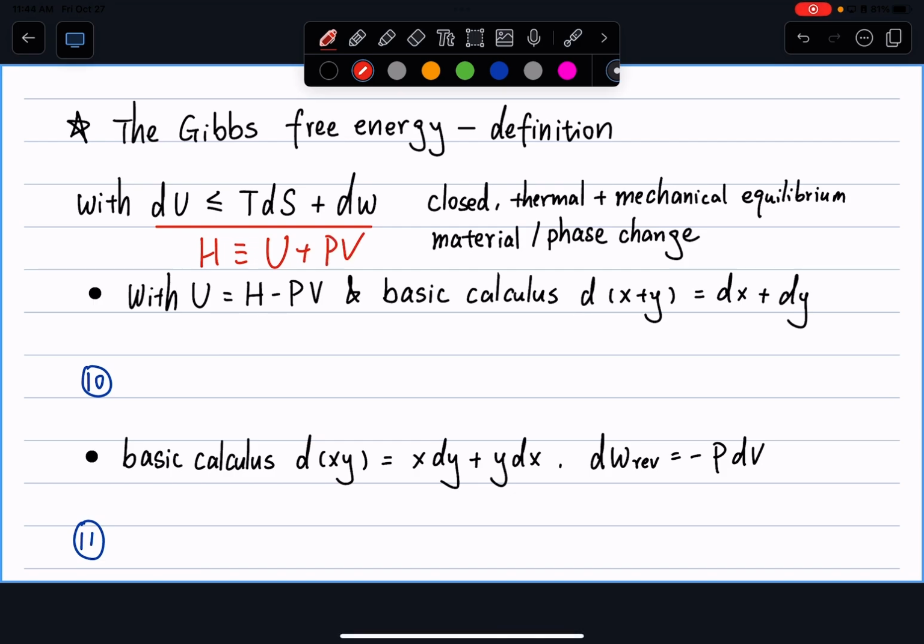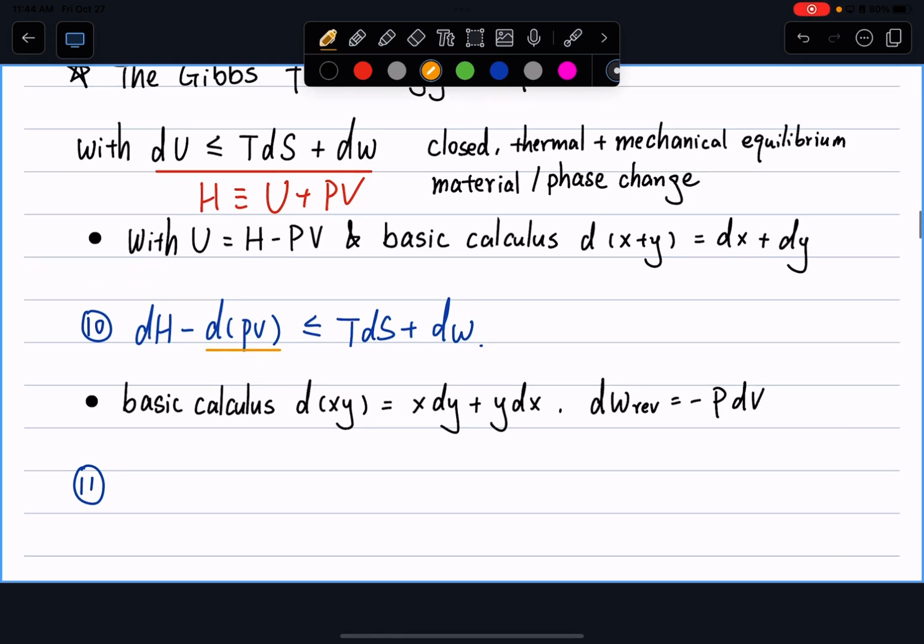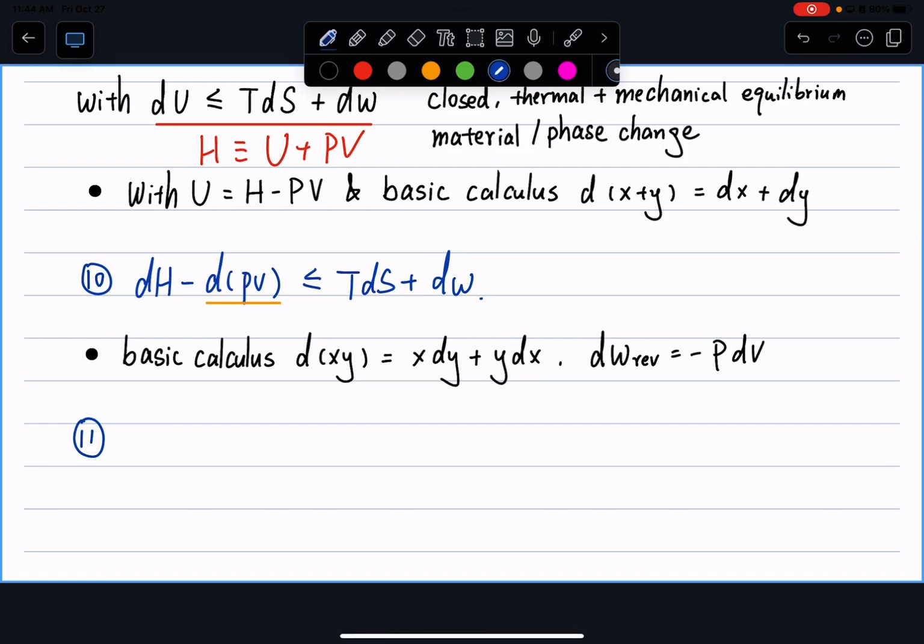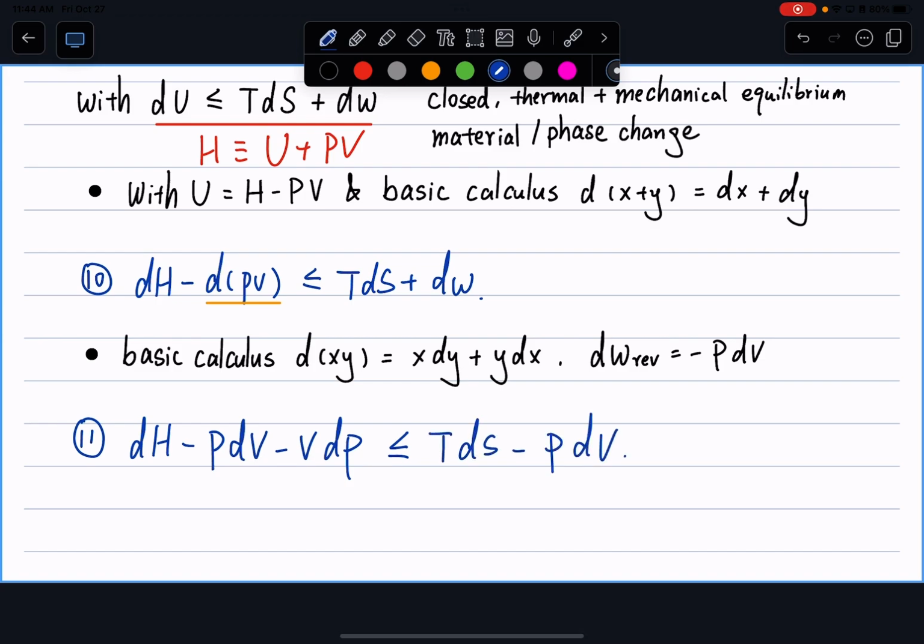So using that relationship, what we have on the left-hand side is dH minus d(PV) is smaller than or equal to TdS plus dW. And likewise, writing that d(PV) out, that becomes dH minus PdV minus VdP, which is smaller than or equal to TdS minus PdV.